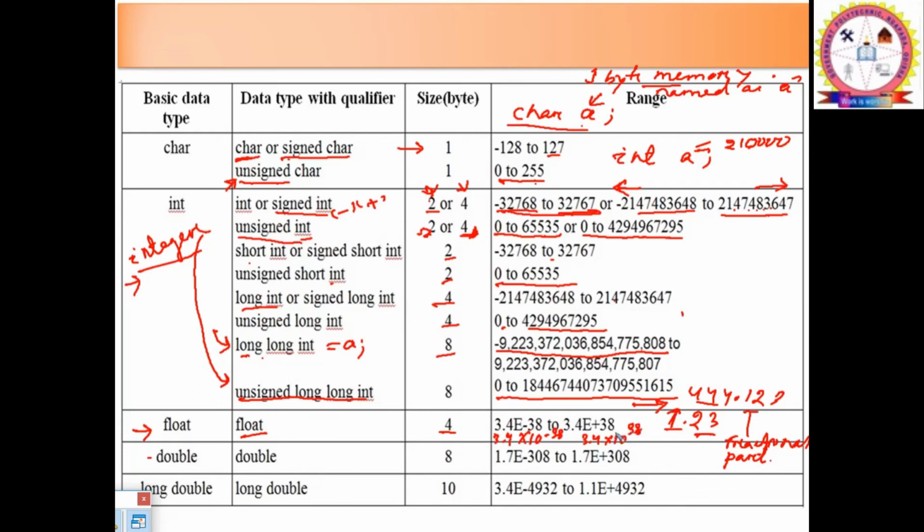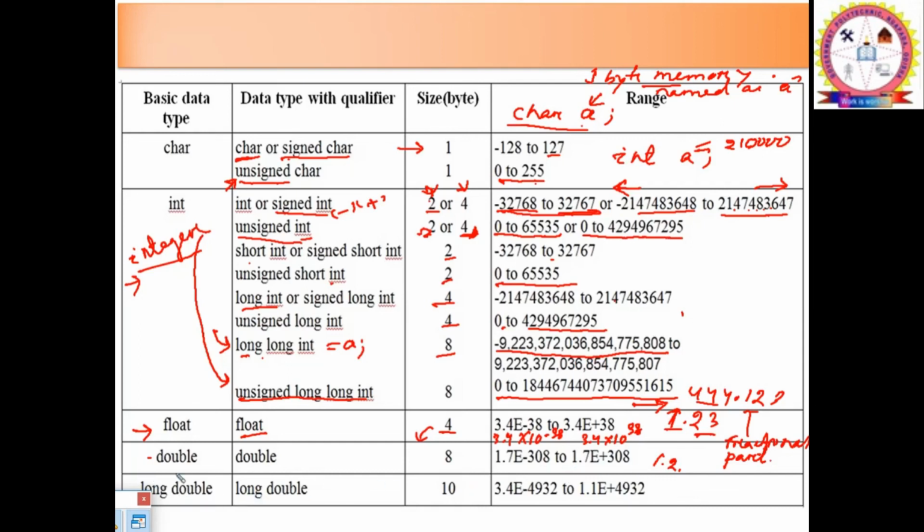So from this you can know what range it can store. Double is just double that of float. It is also used to store values which contain a fractional part, and its range is quite double that of float: 1.7e minus 308 to 1.7e plus 308.